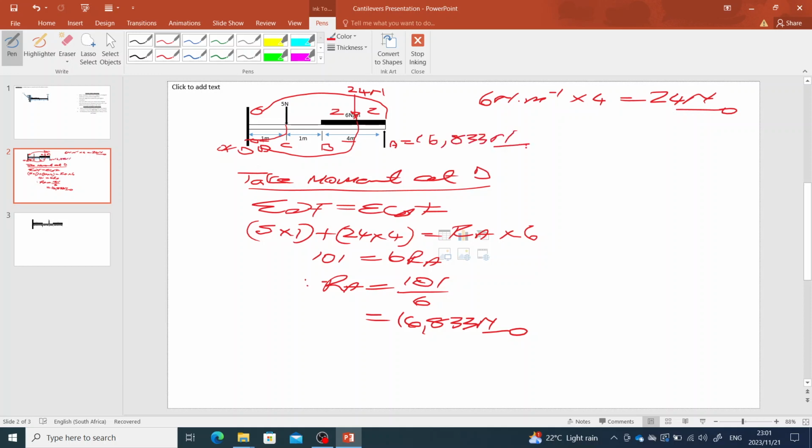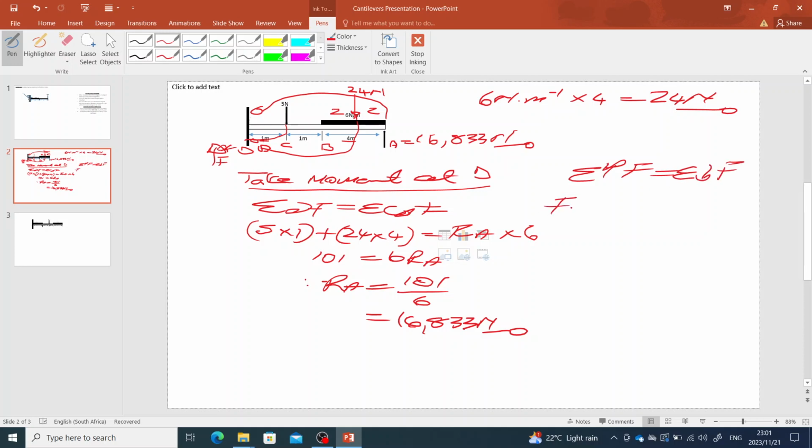Now, in determining the force on the fixed point, remember on the fixed point, you are having an upward force there. Don't forget that. In determining that upward force, I will say sum of the upward forces equals sum of the downward forces.